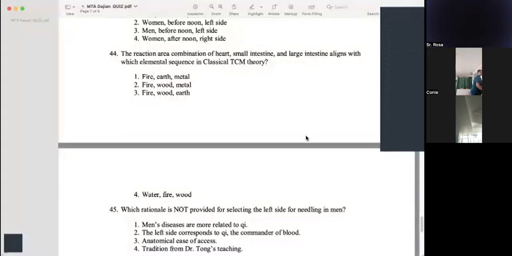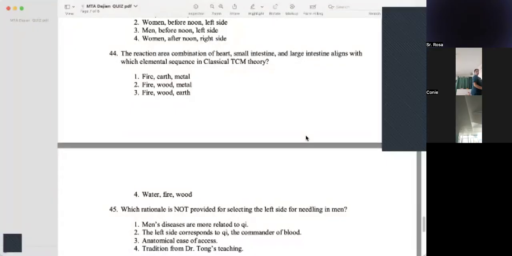Bakit si earth? Heart, small intestine. Small intestine is fire, diba? So heart, small intestine at saka heart. Fire. Heart and large intestine. Ang large intestine LI is lung.